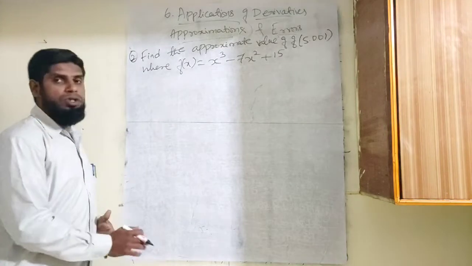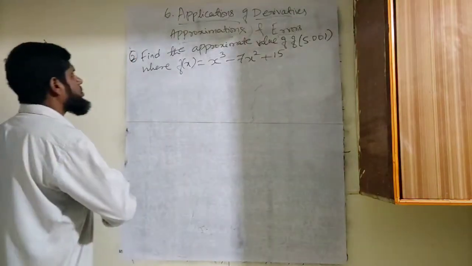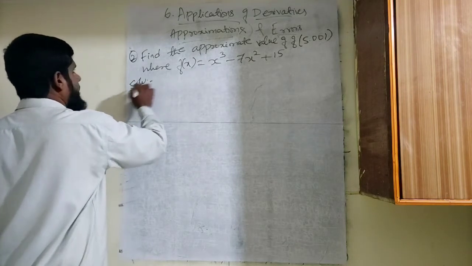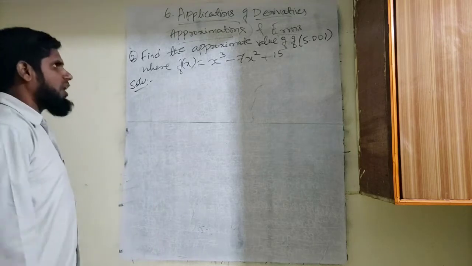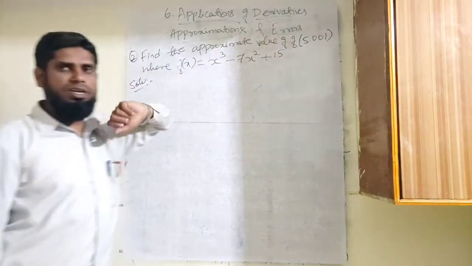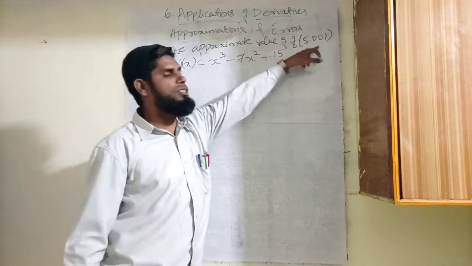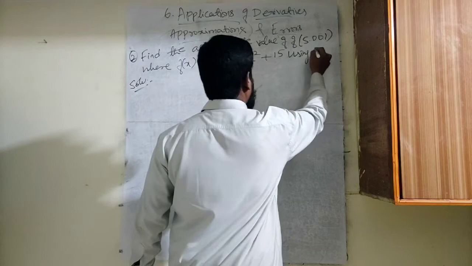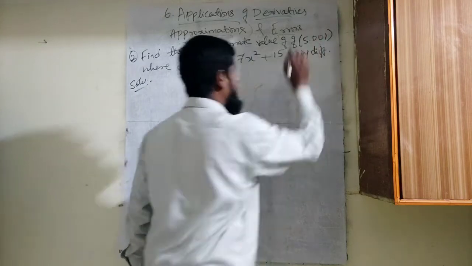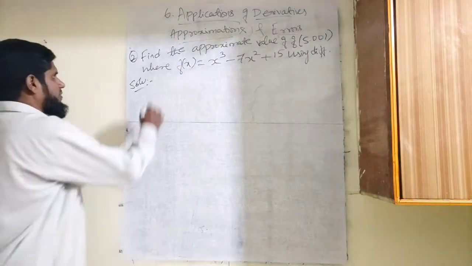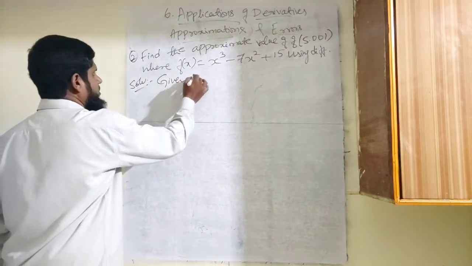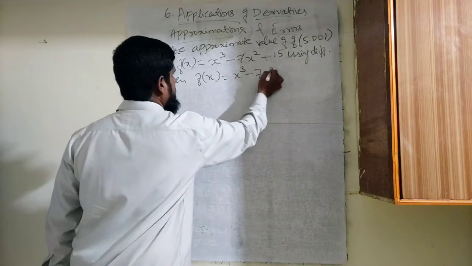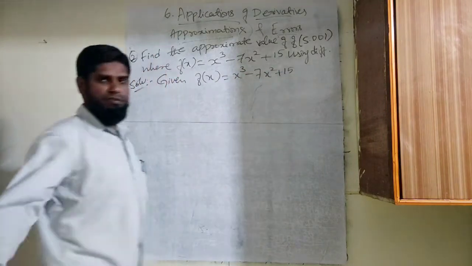So let us follow the procedure of differentiation. Obviously using differentiation. Directly we cannot put x as 5.001, because we are asked to use differentiation. Okay, given, this time it is a cubic equation and it is x cube minus 7x square plus 15.